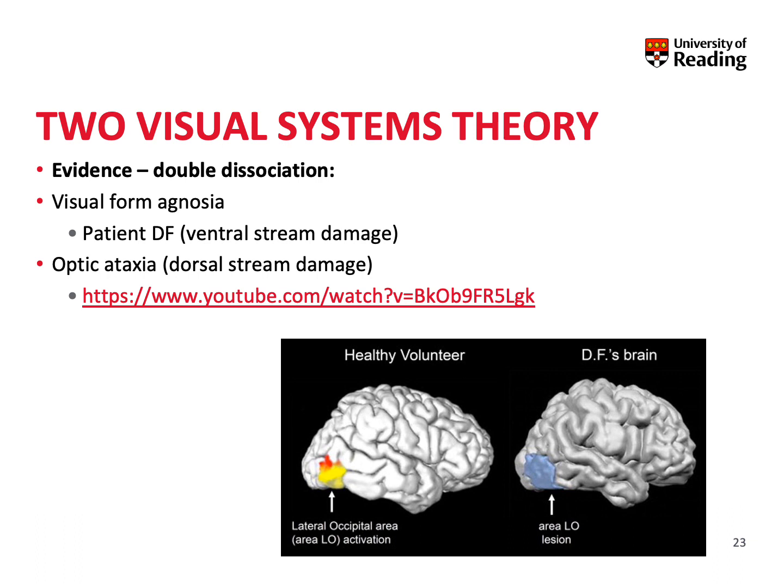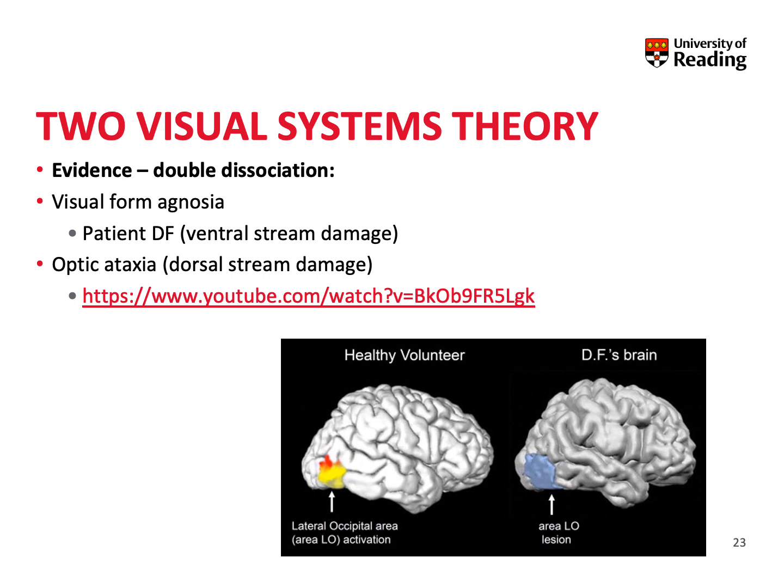So the second part of the dissociation that makes the evidence stronger is the evidence about what happens when you get damage to the dorsal visual stream. And there's a YouTube video that is quite striking that you should watch that explains what this damage is. This is called optic ataxia.